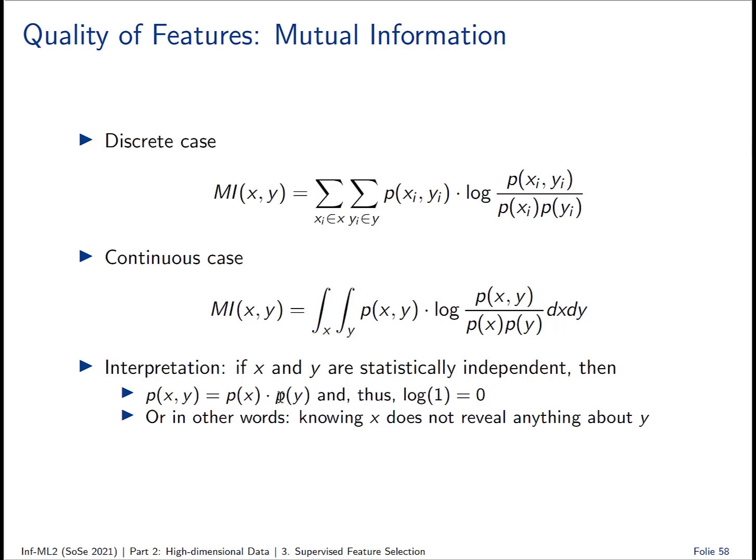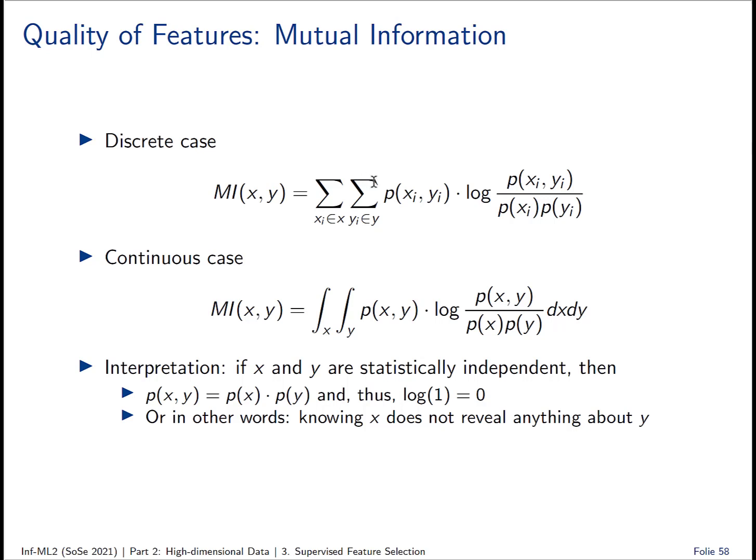That is the definition of statistical independence: if two variables are independent, we can multiply their probabilities to get the joint probability. In that case, the ratio is the same divided by the same, so we have 1 for this ratio, and then we get log of 1, which is 0, so the whole thing ends up being 0.